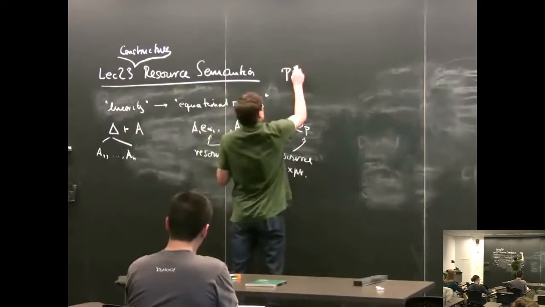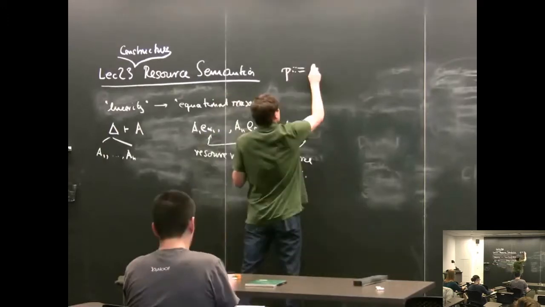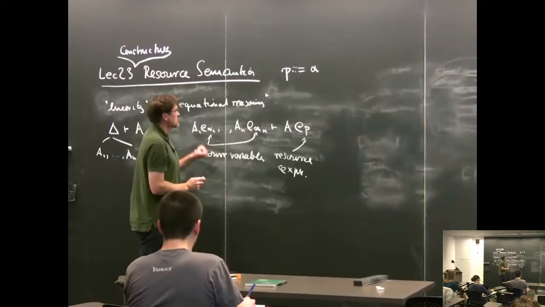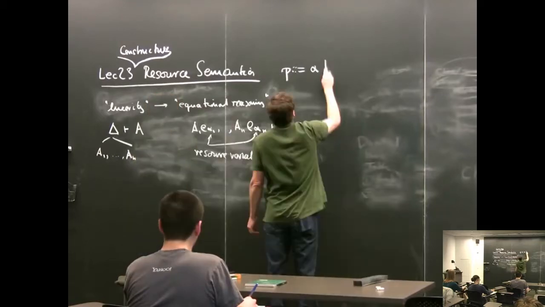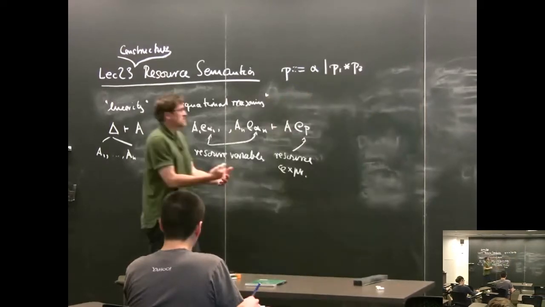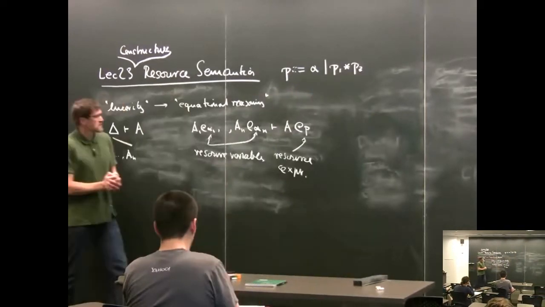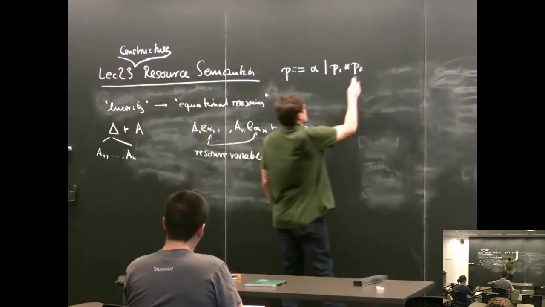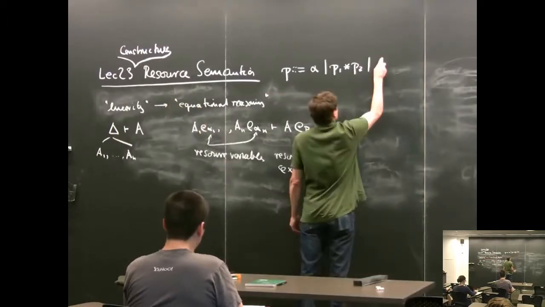Well, a resource expression is either an alpha, so I can use a variable here, or it's a combination of two resources. So I can combine two resources and get another one. And there's a third possibility, the empty resource, which I'll write as epsilon.